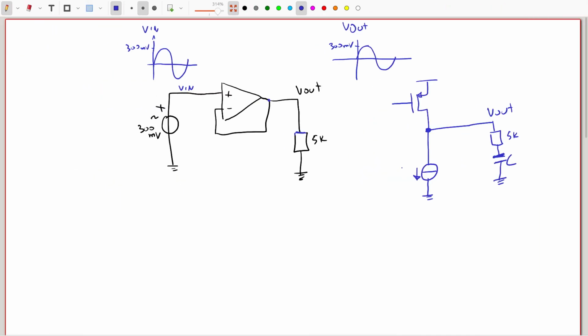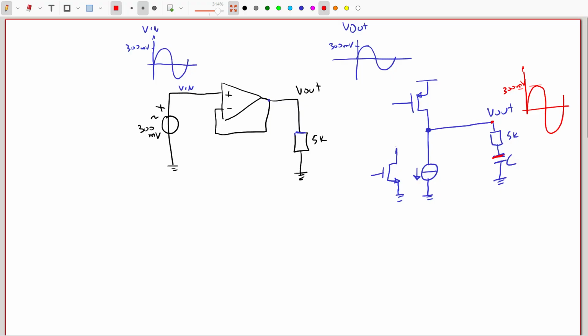So I have to be able to bias these two transistors so that the signal swing that they see is the signal swing that I expect at the output. In this particular case, I am assuming that I'm going to put 300 millivolts amplitude here. So I have to make sure that there is enough biasing for these two transistors so that they can handle a signal excursion of 300 millivolts over this load.